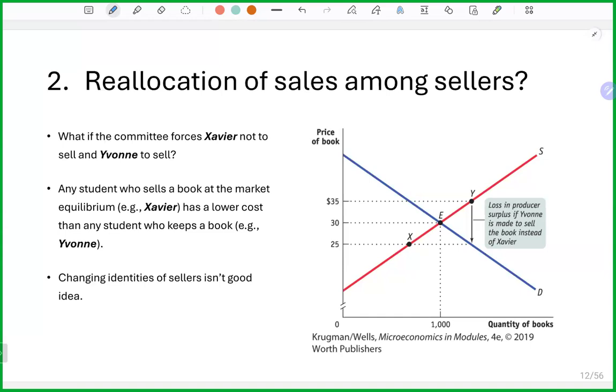Let's force Ivan to sell the book, and Javier not to sell the book. Let's force them. Then we have to give up Ivan's cost of $35.